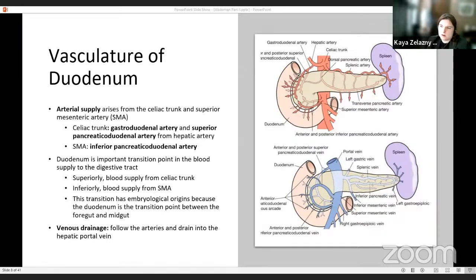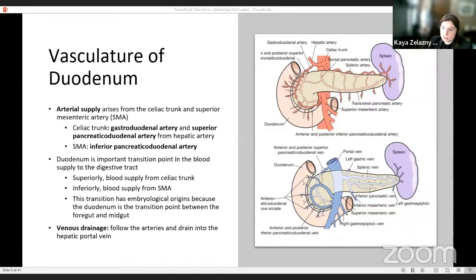The duodenum is going to be considered an important transition point when we're thinking about blood supply to the digestive tract, because we have this transition between blood from the celiac trunk to blood from the superior mesenteric artery. This is because the duodenum is essentially a transition between what we'd consider the foregut and the midgut, if we were looking at the embryological origin of our gut structures.